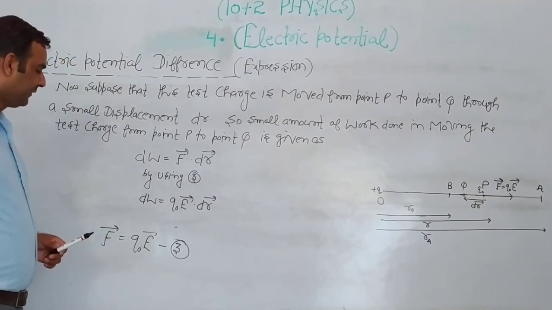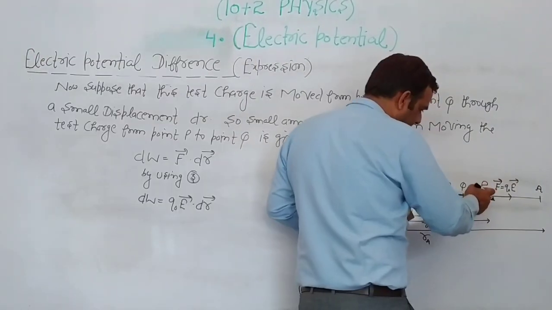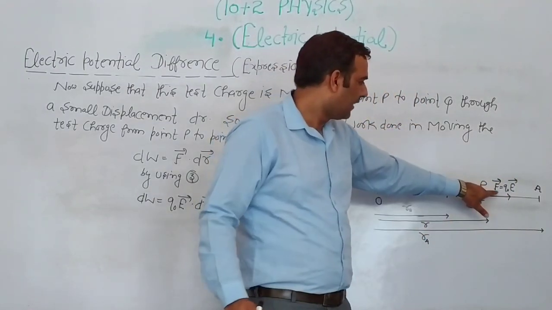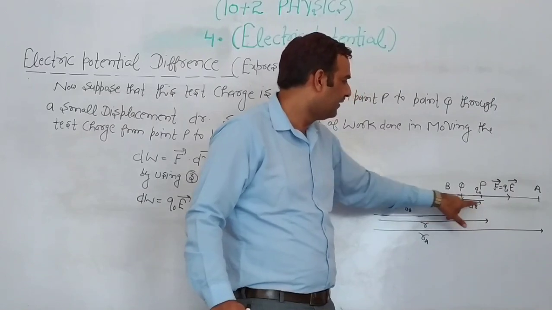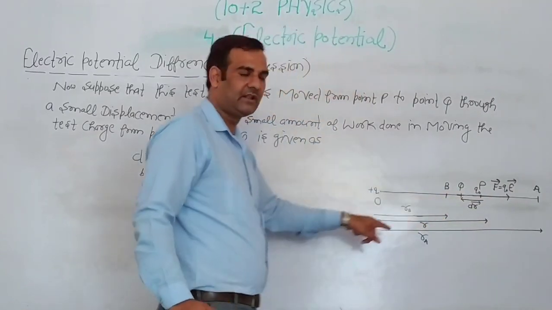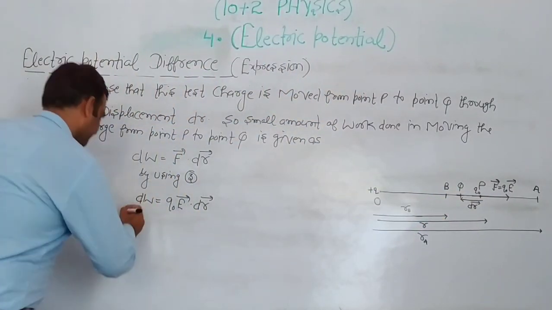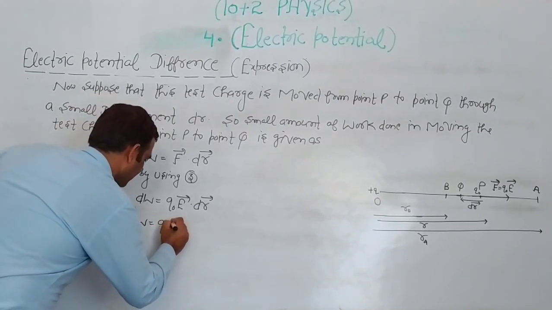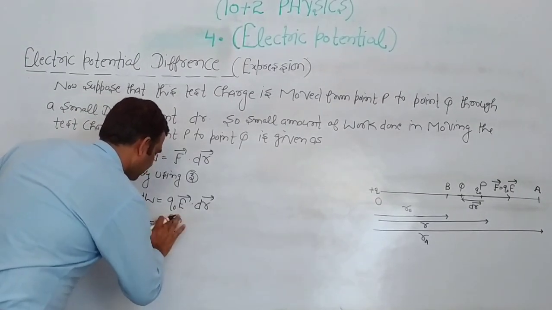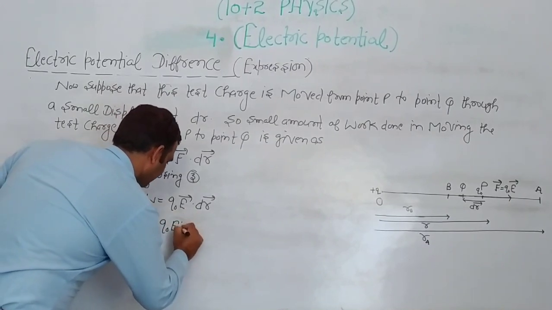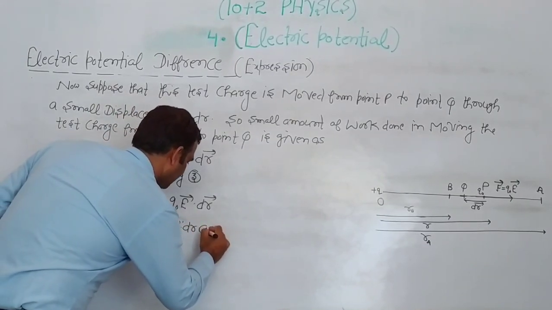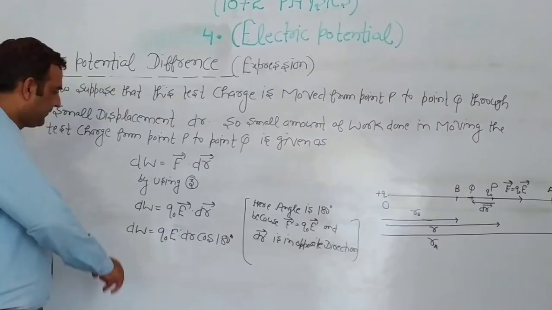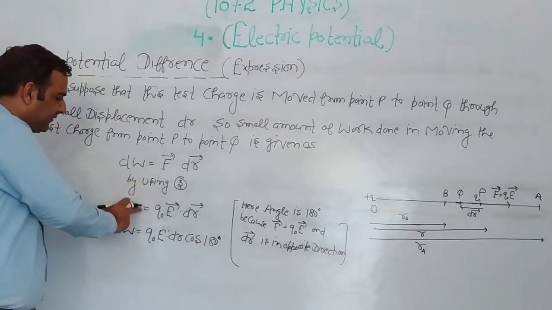And from here we see that the force Q naught E and displacement dr are in opposite directions. So dW is Q naught E into dr cos 180 degrees. Clear? Force into displacement. What is the value of force?